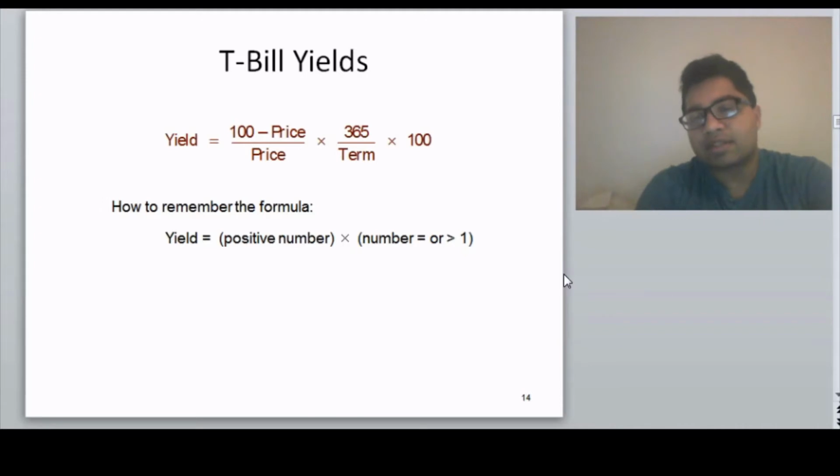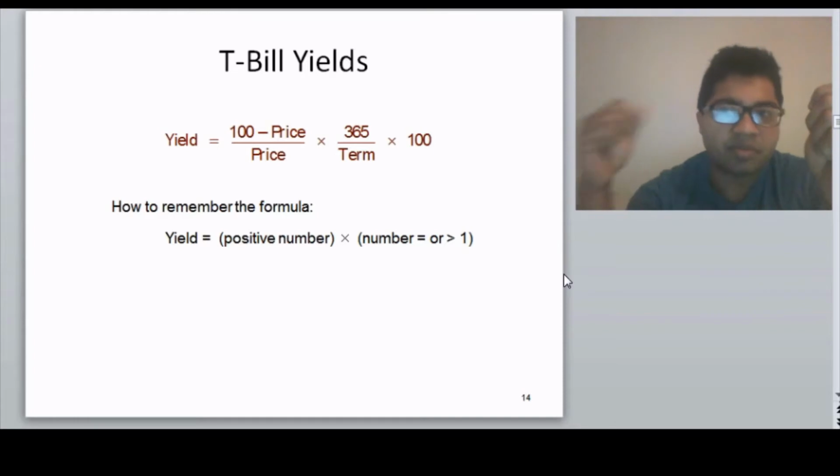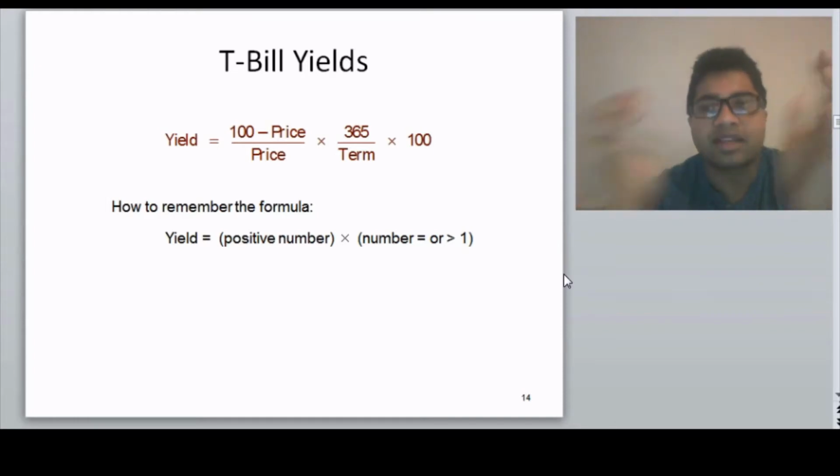Now in the last module we discussed what T-bills are. T-bills are money market instruments that are issued at a discount to their par value. So they don't pay any coupon. They are discounted from the par value when they are issued. So the only gain you make is the difference between par value and the price you pay to buy them.